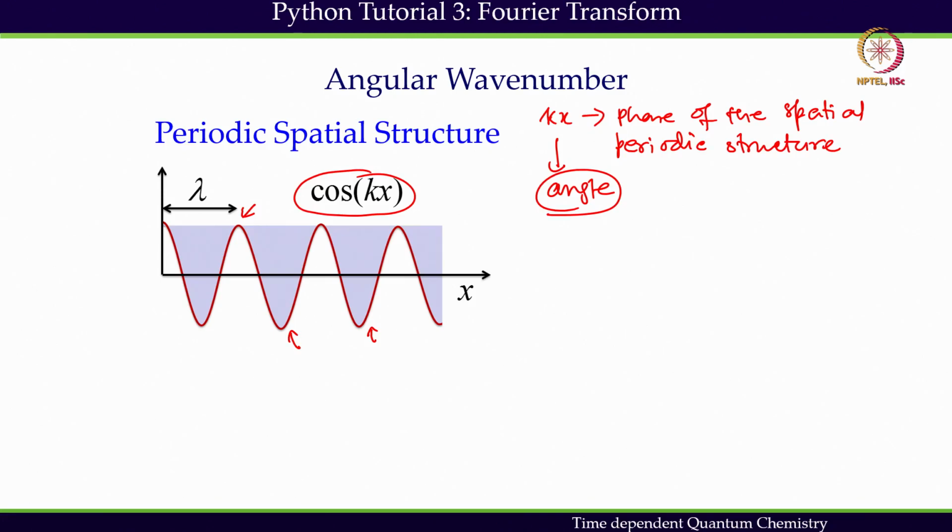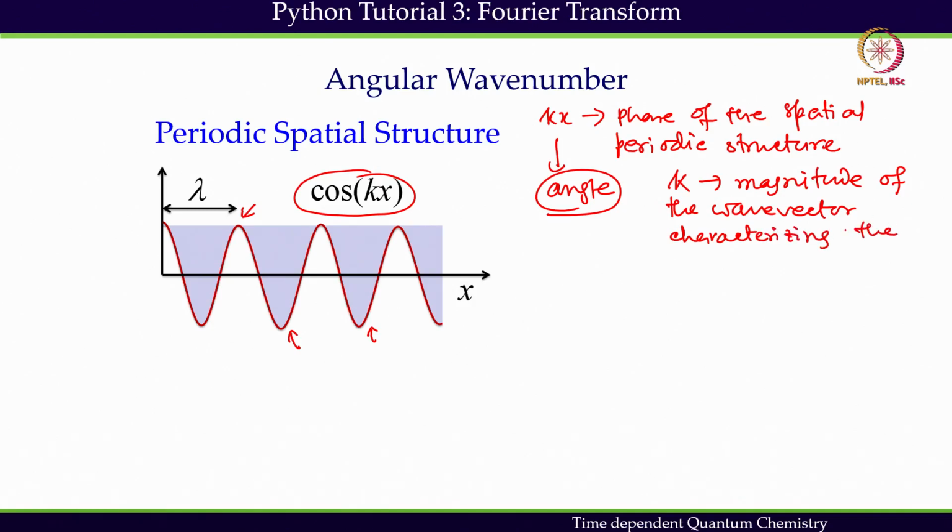This is why k represents the magnitude of the wave vector characterizing the nature of the periodic structure.